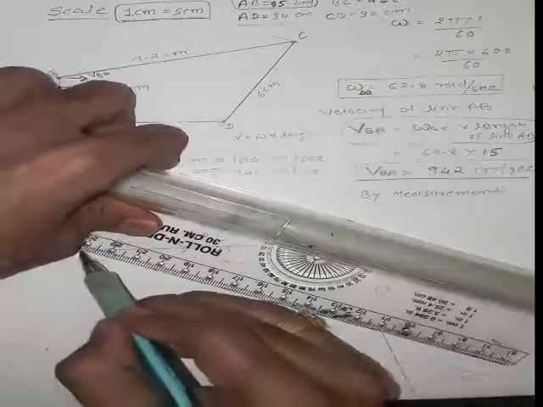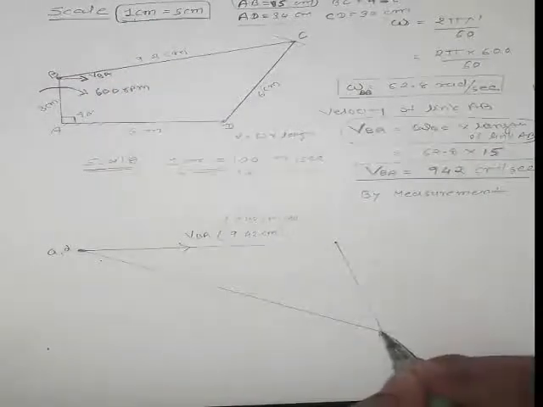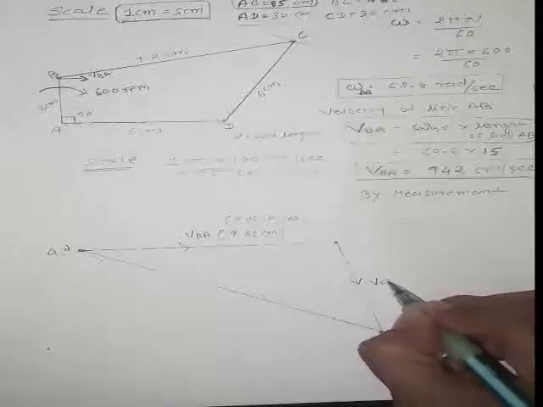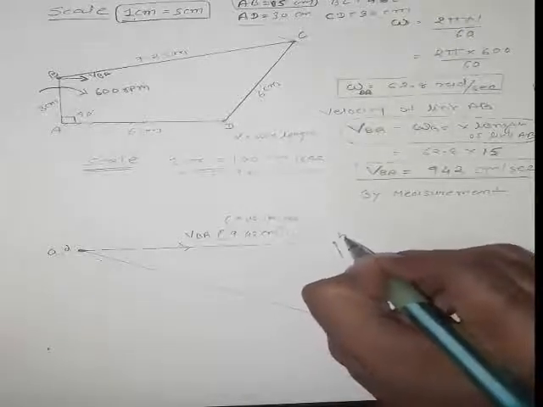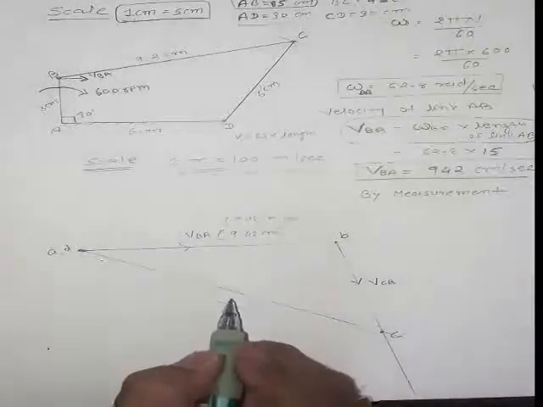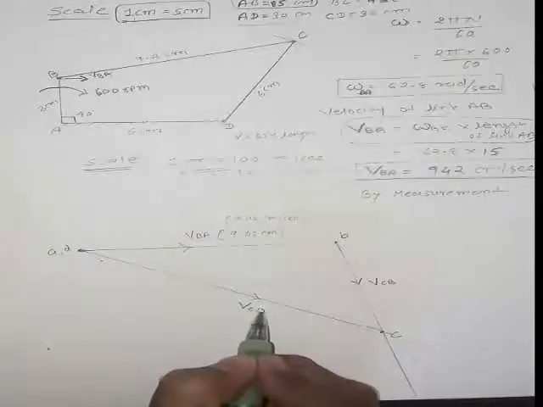So from this point you can draw over here. So this is the intersecting point. Now this is called the VCB. This is the B, this is C, right? So velocity of CB. This is called the velocity of CD, VCD.